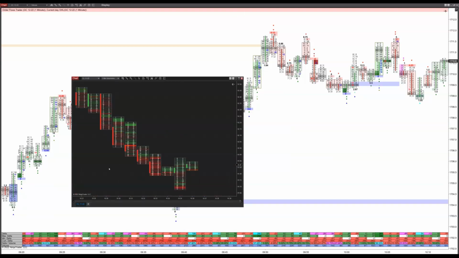Well, first of all, you got to do a lot of customization to understand what you're looking at. This is why people get a chart like this and discard order flow, because they don't understand what they're looking at, and trying to put the pieces together, understand what's happening, it's just too much.